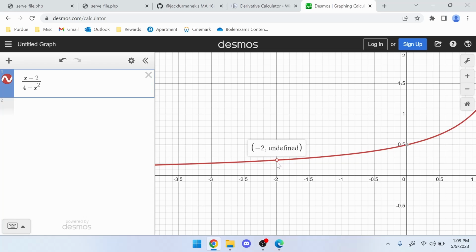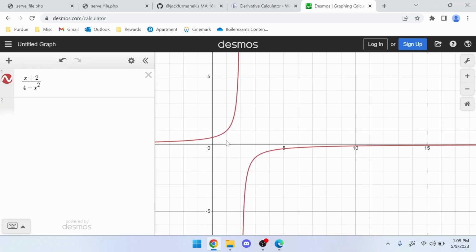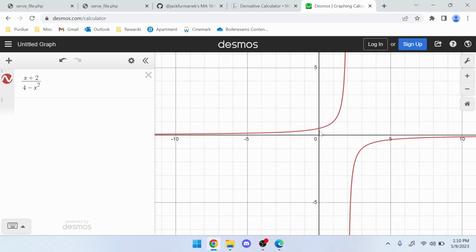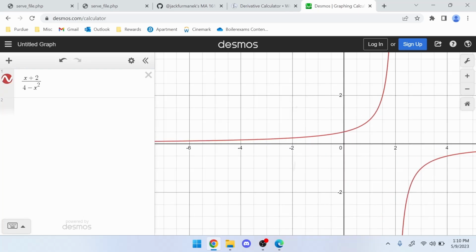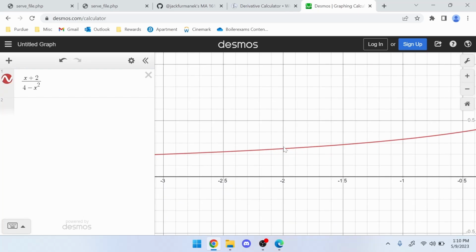Okay, so it's undefined at that point, but it's a removable discontinuity since it's still pretty continuous here. It's not a big gap right here. It's still pretty much a straight line. It just has a hole. And that one ends up being a fourth, 0.25.